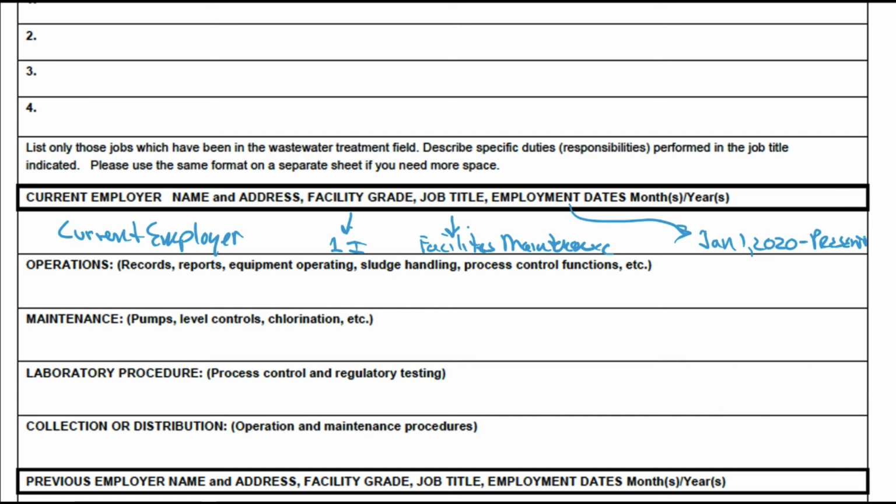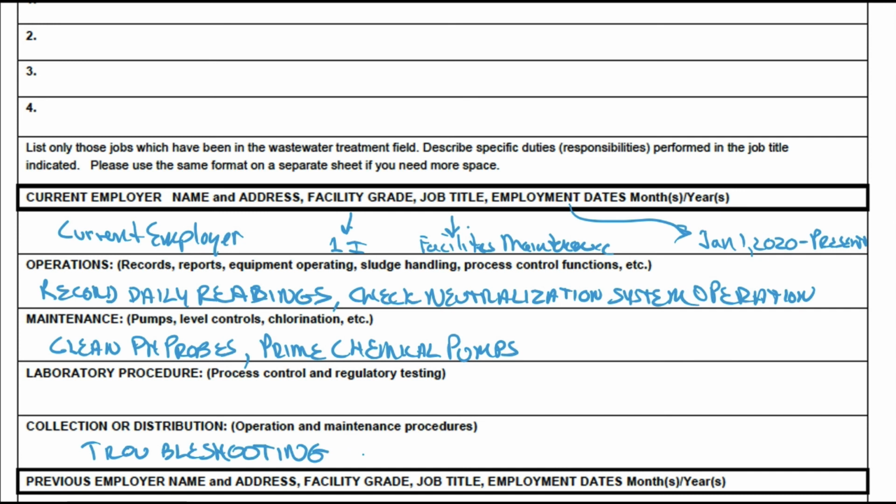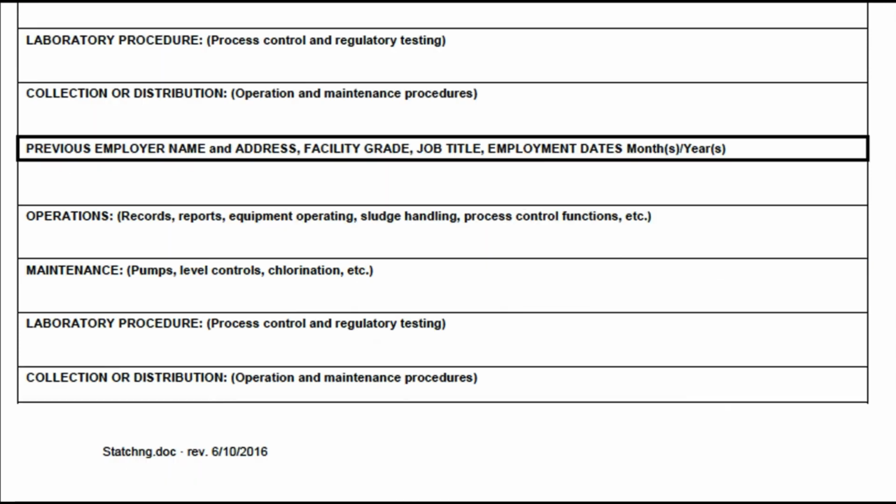Now here's where you're going to list the wastewater related activities that you've been involved with. And here are some examples of the responsibilities that you may want to include. Here you'd write in your operation and maintenance procedures, prior employer if applicable, and you fill in the appropriate information.